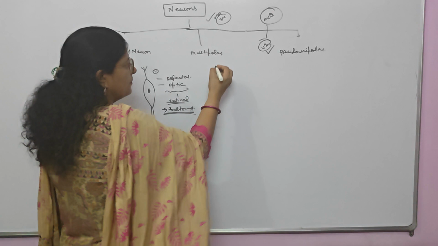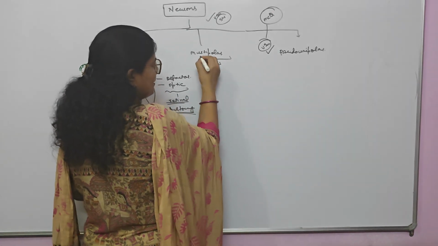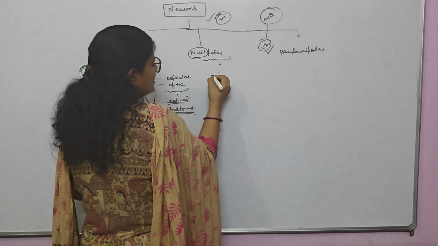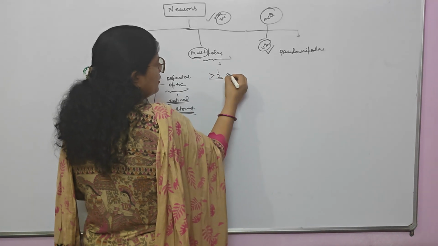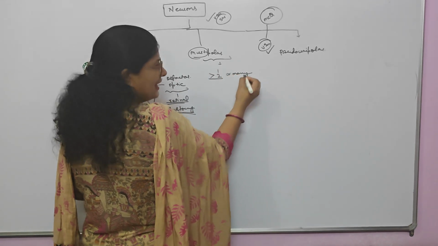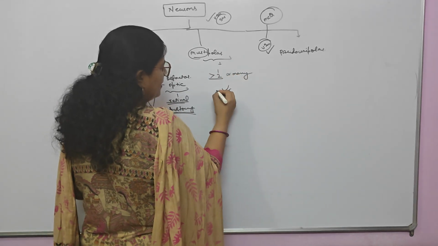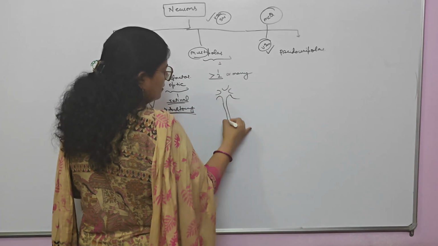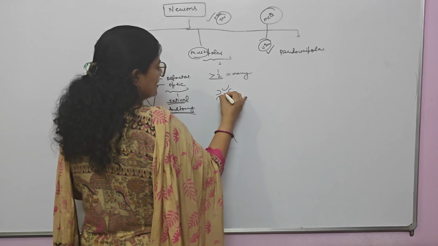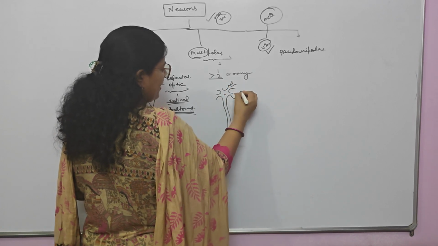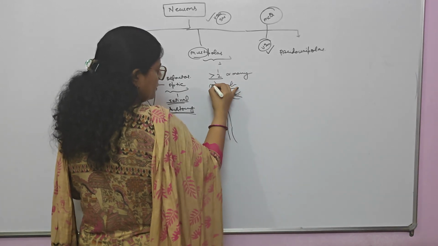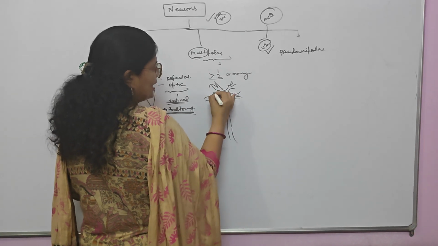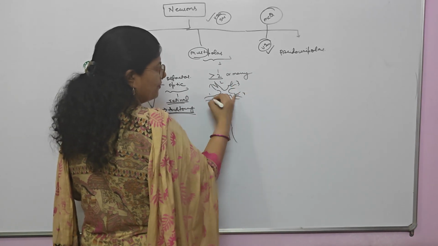Okay, now coming to your multipolar. As the name suggests, multiple means more than two, or many. So it has many processes, like we have read in the neuron diagram. So these are various dendrites. Multiple, 1, 2, 3, 4, multiple are there.